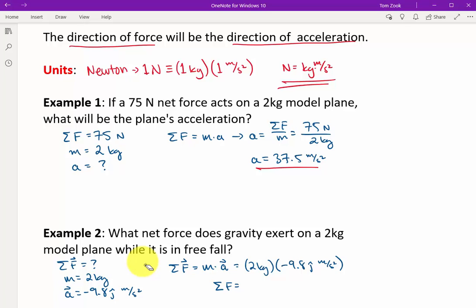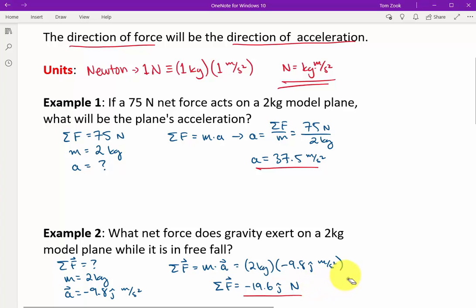So my net force would be negative 19.6 in the j direction, and then newtons as the unit. So we could put the newtons on the inside of the j, but this is typically how we would write it. So that's the net force acting on the plane as it's in free fall, which means that that's going to give it an acceleration in that downward direction.